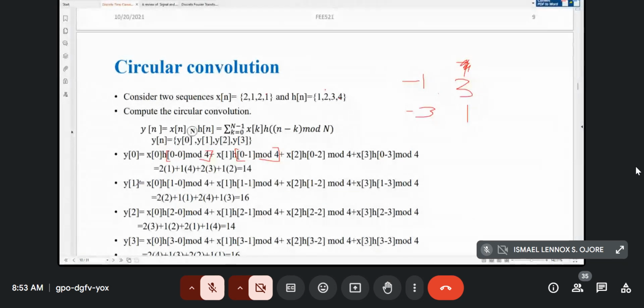So the value of n here is 1, so it will be 1 minus 0, 1 minus 1, because n is 1, 1 minus 2, 1 minus 3. K is going up to 3. But all the time, remember, I think that's a mistake I made for all of them. It is all like this.